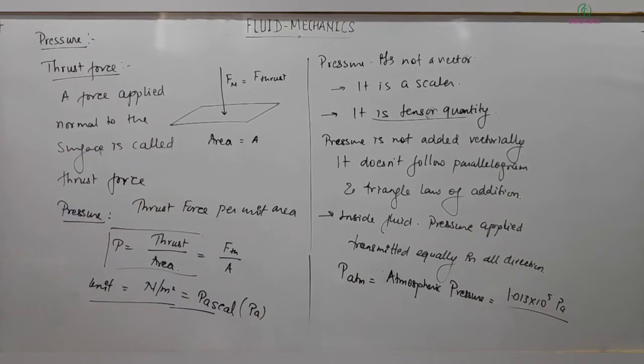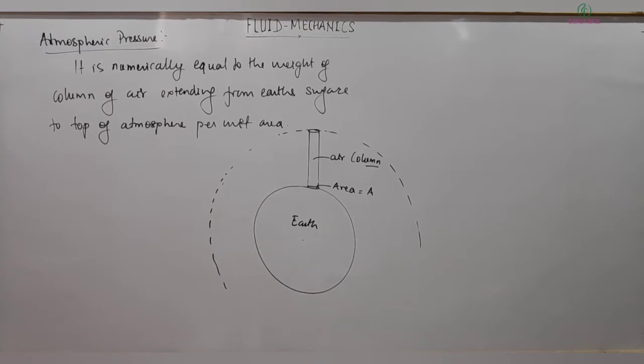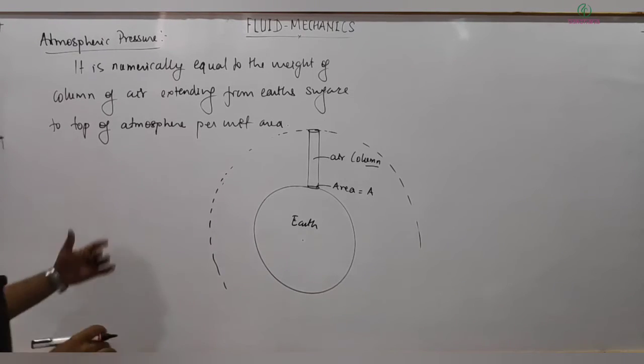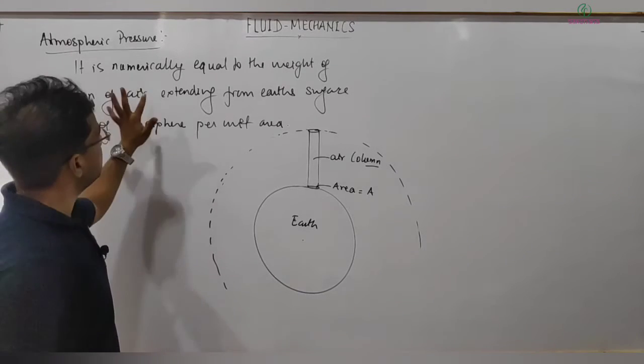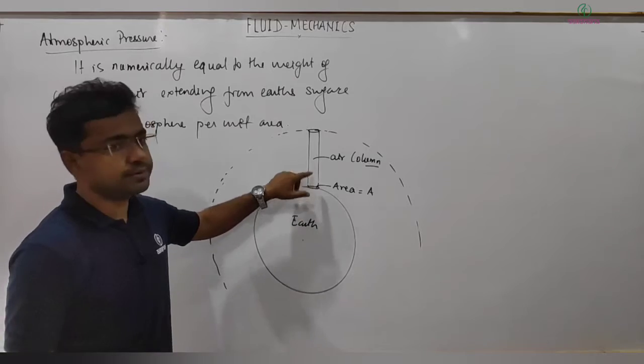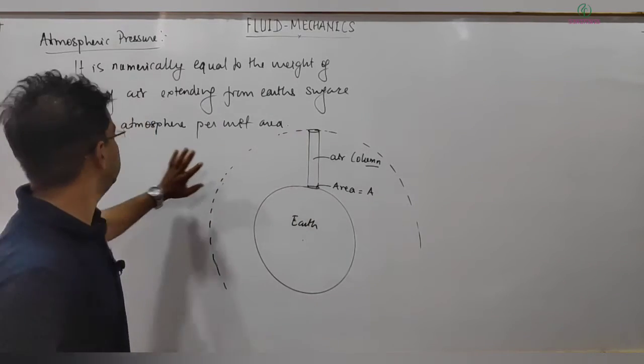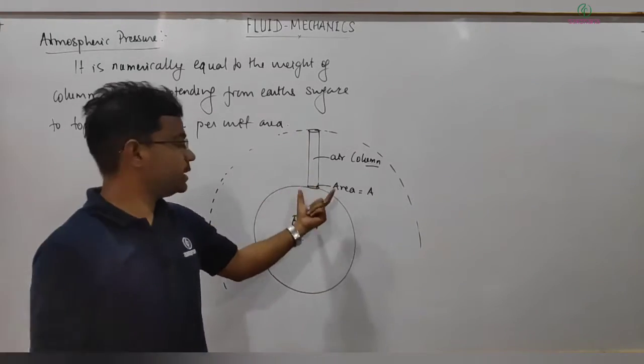So atmospheric pressure is numerically equal to the weight of the column of air extending from Earth's surface to the top of the atmosphere, per unit area.